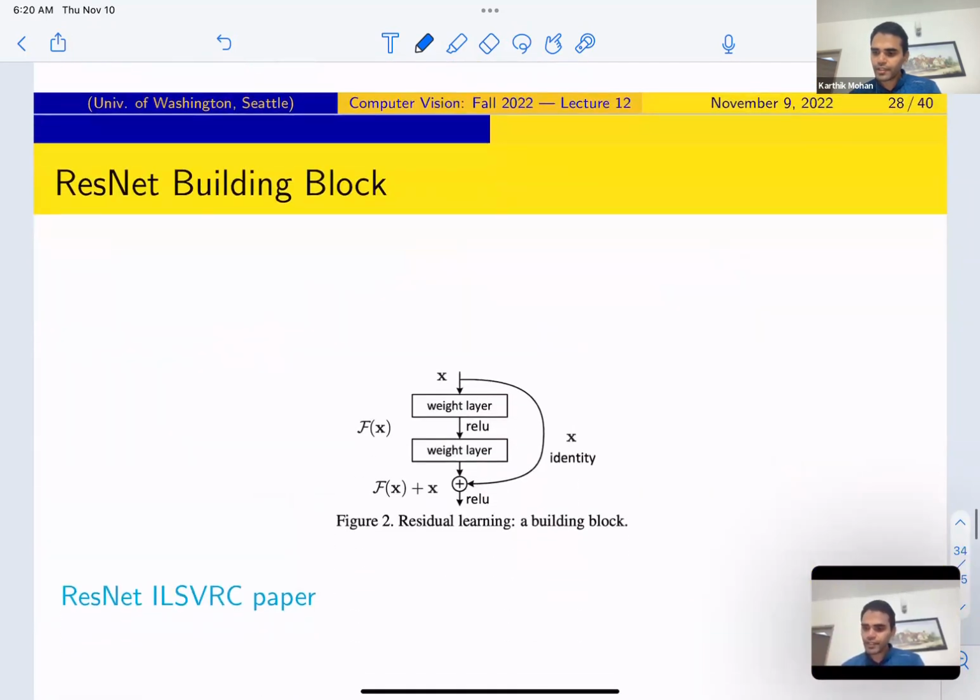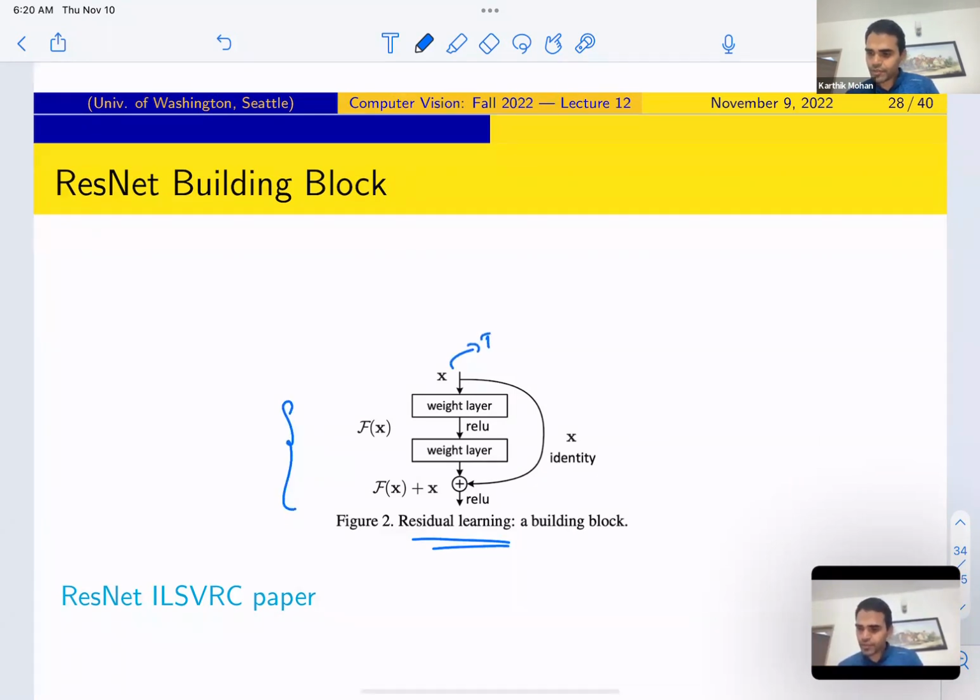Okay, so let's come to the ResNet building block. Just like we had an inception module that was horizontal and was able to capture scaling over the input at different levels of scaling, the ResNet is doing the residual learning through this building block. So what is happening here?